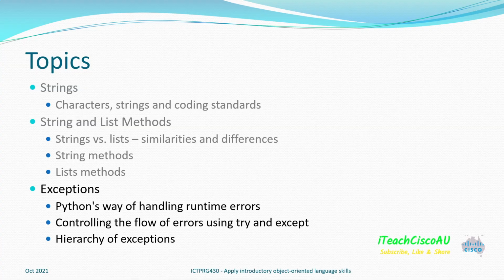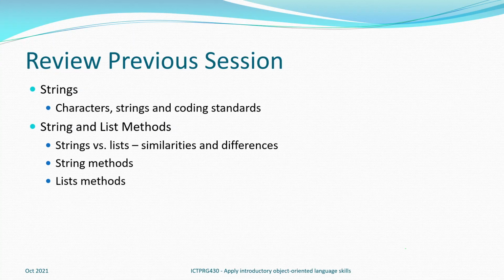So this talks about how we can make it so that our programming can continue to function after handling an error. And we'll talk about how exceptions are created and the various hierarchy of exceptions and modeling.